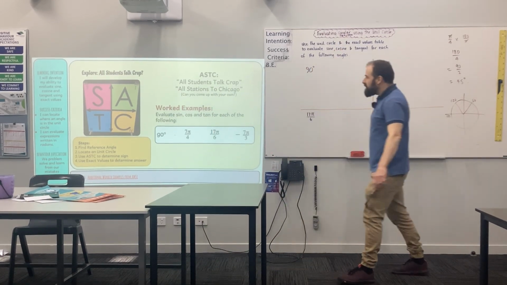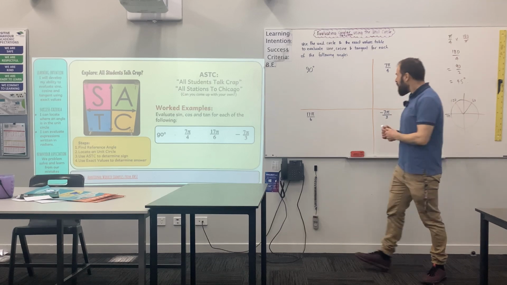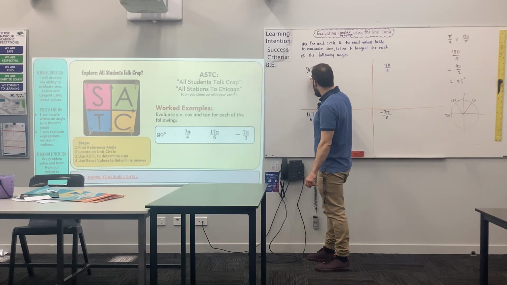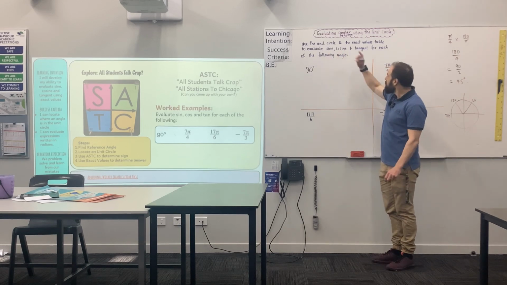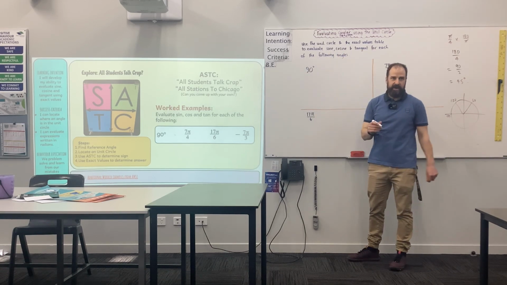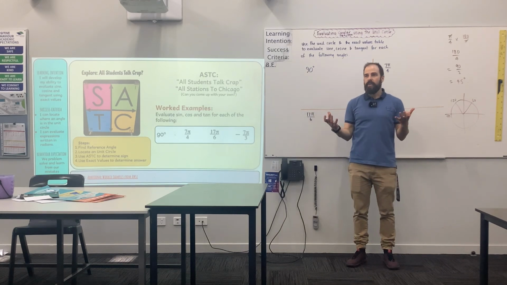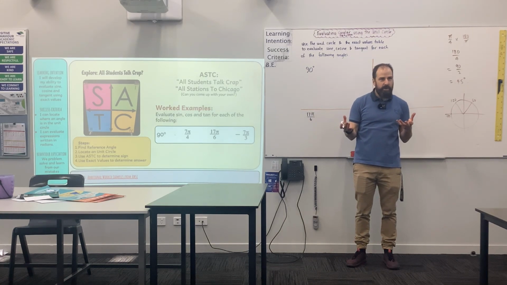All right? This is how it works. The first thing, I start with my angle. So I have to find sine, cosine and tangent for each of the following angles. So I'm going to look at my angle and say, all right, what is my reference angle? Where am I starting?